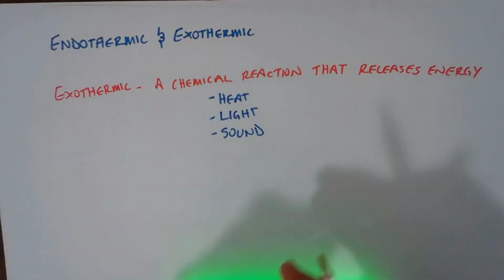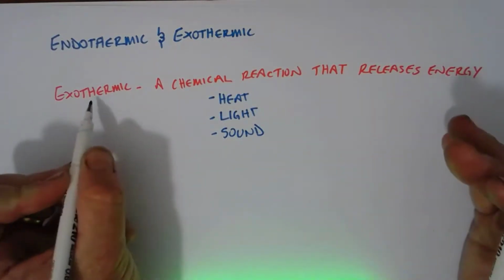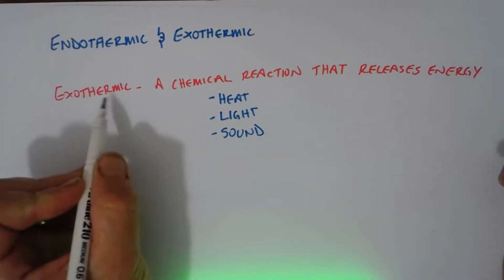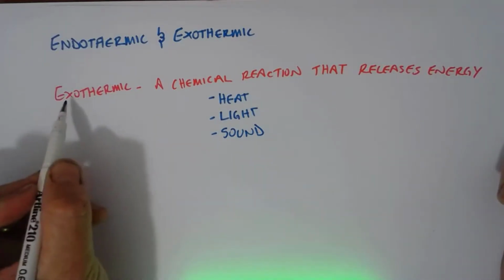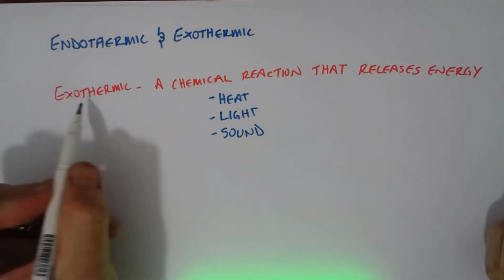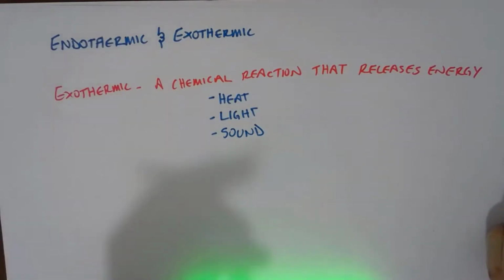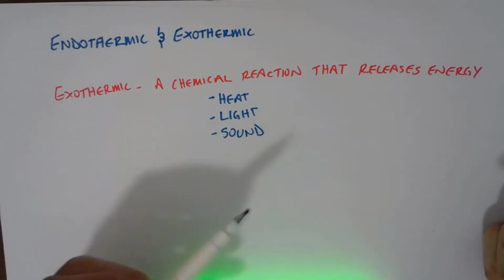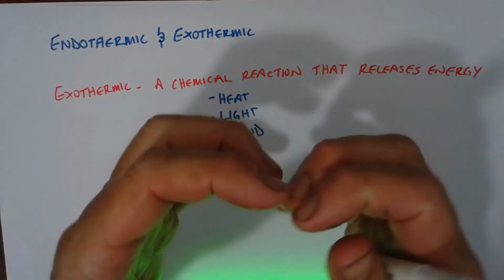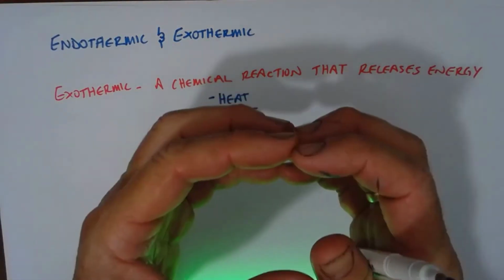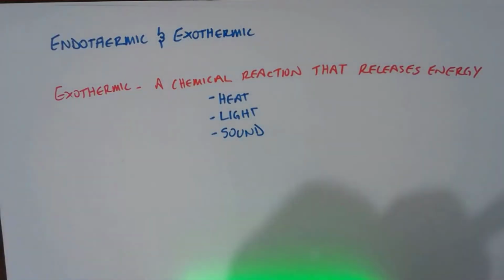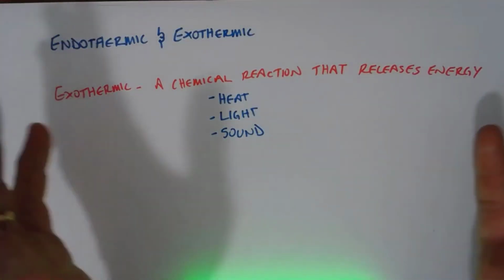And a great way to think about that is, so it's thermic. Thermic relates to heat, and exo, so I think about the heat exiting. So the heat is released, the heat energy or the energy is released in that chemical reaction. So what's happening is the energy is stored within the bonds of the reactants. So when they are broken to be rearranged, the energy is released.